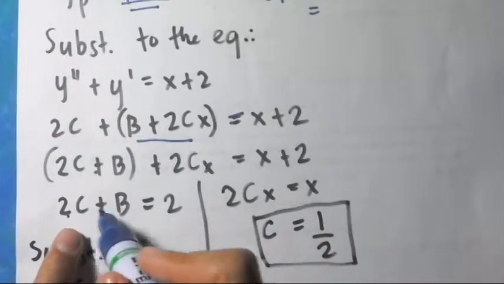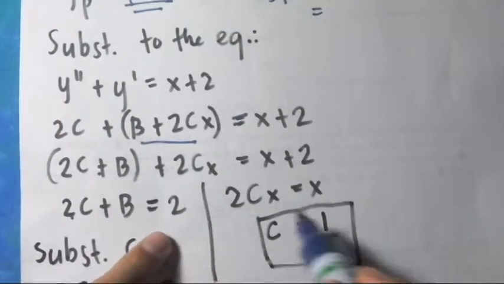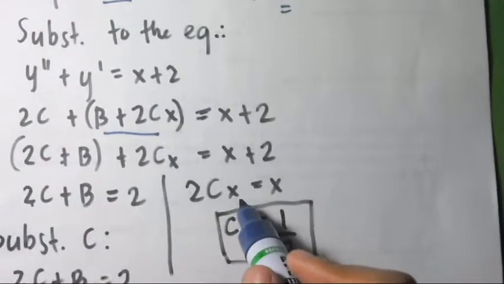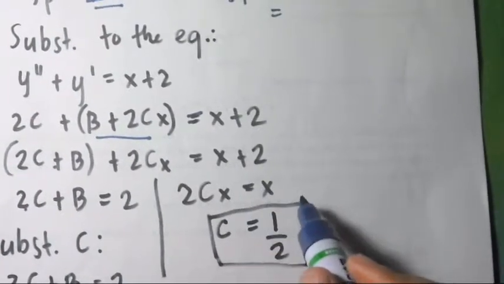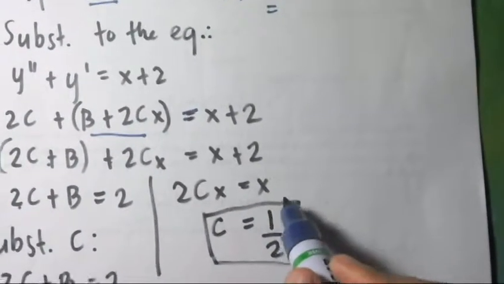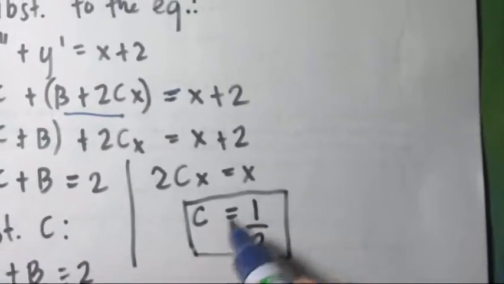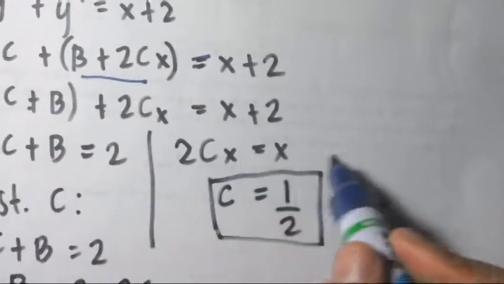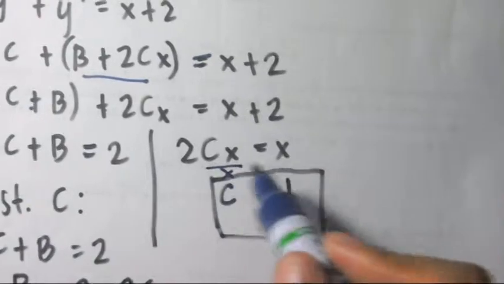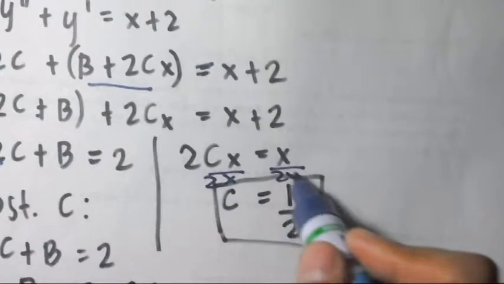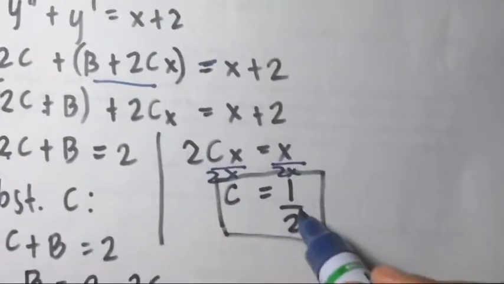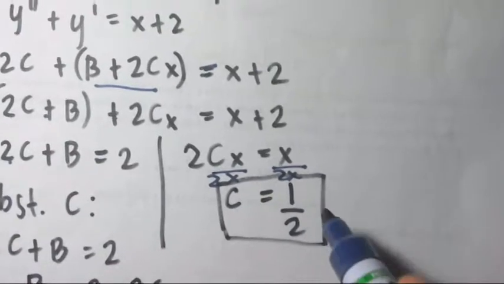Therefore, 2C plus B equals 2, whereas 2Cx equals x, which have the same variable x. Therefore, by cancelling the x, we now have C equals 1/2.